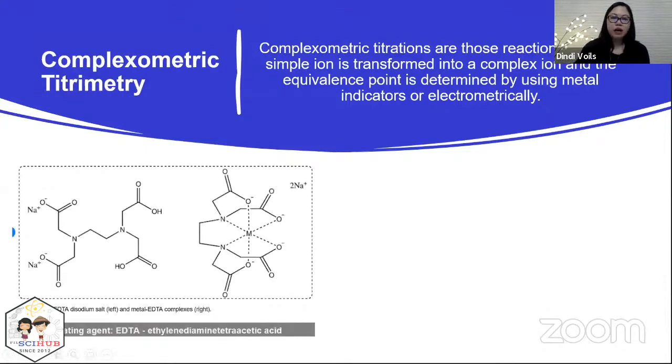A very common chelating agent or ligand is EDTA, ethylene diamine tetraacetic acid. As you can see from here, the complex that is formed has 6 spots to form a complex with a metal ion.